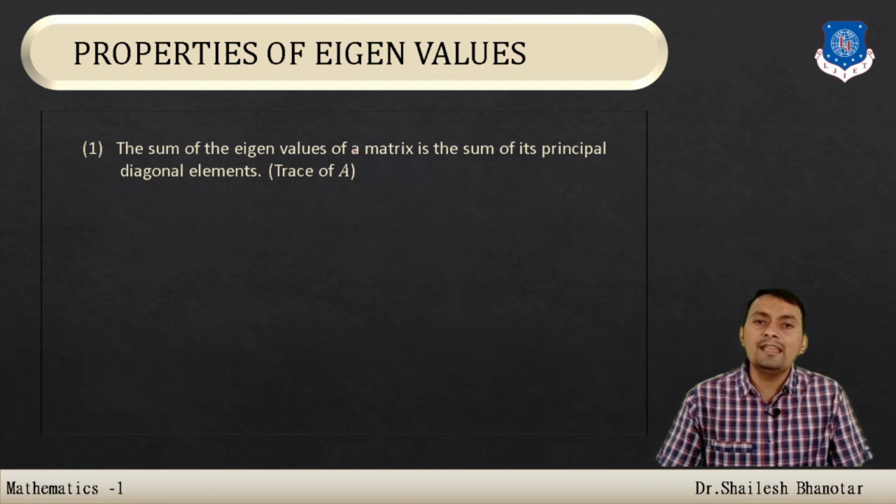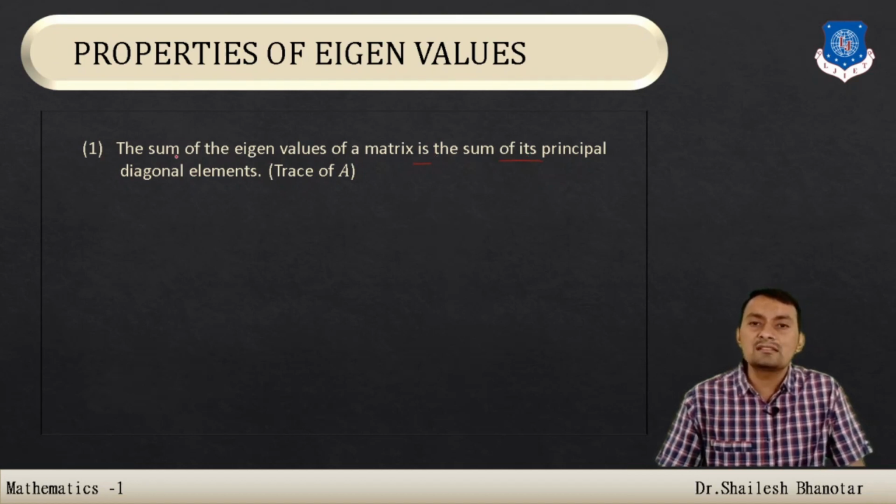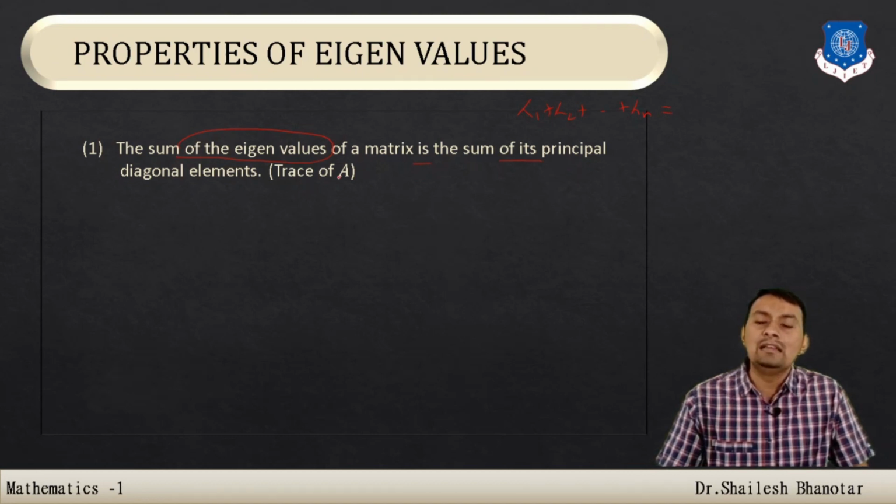The sum of the eigenvalues of the matrix A is the sum of its principal diagonal elements. What does it mean? The sum of the eigenvalues, lambda 1 plus lambda 2 plus up to lambda n, is nothing but the sum of its principal diagonal elements.